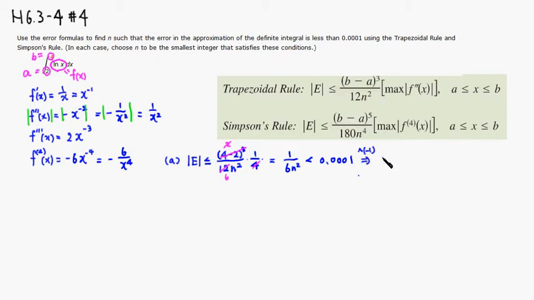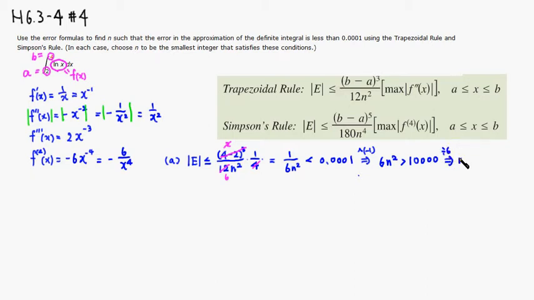We get 6n squared is greater than 10,000, because the reciprocal of 0.0001 is 10,000. Divide through by 6.